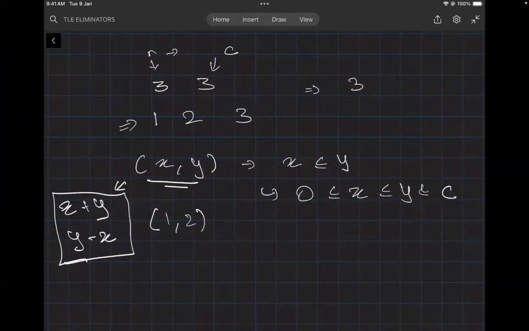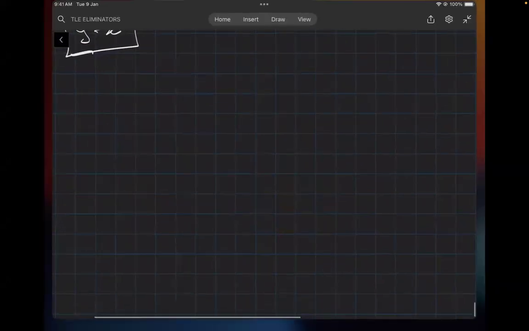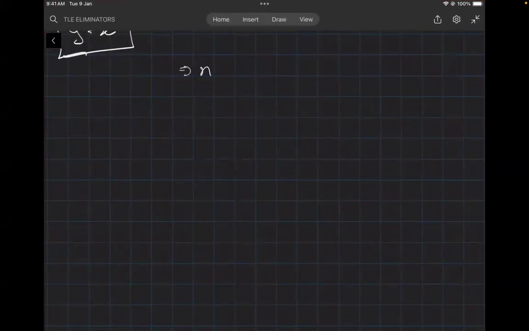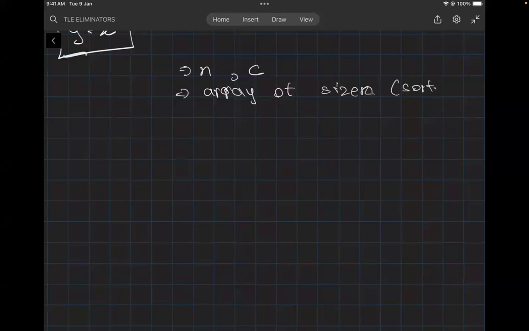Now, this problem is actually very simple, but let's see how to solve this. What are we given? We are given an integer n, we are given an integer c, and we are given an array of size n, which is already sorted and it is made of distinct numbers.